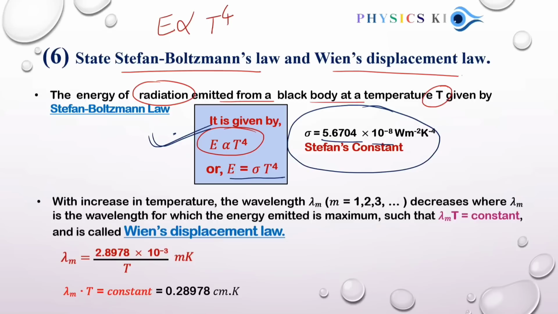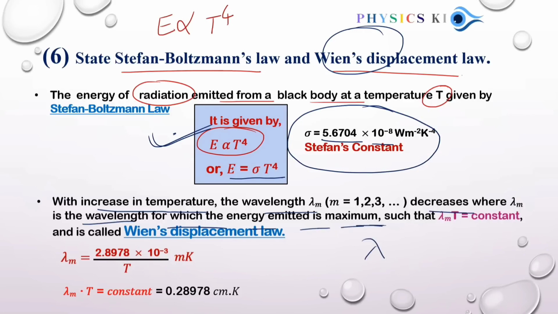And the second question is Wien's displacement law. Everyone knows, with the increase in temperature, the wavelength lambda maximum is decreasing, where lambda m, that means lambda maximum, is the wavelength at which energy emitted is a maximum.